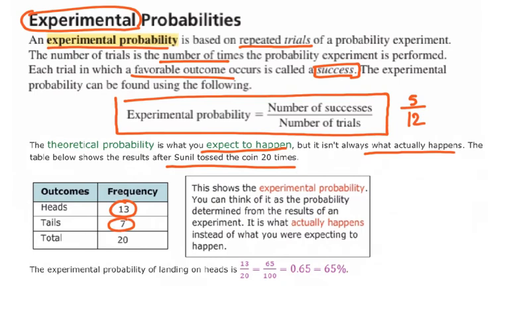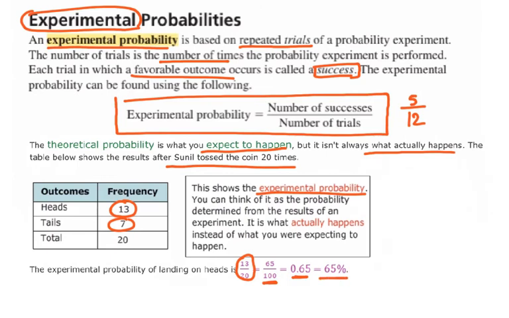So in that case, experimental probability is going to be 13 over 20, and this is in fraction form, this is in decimal form, and this value is in percent form.